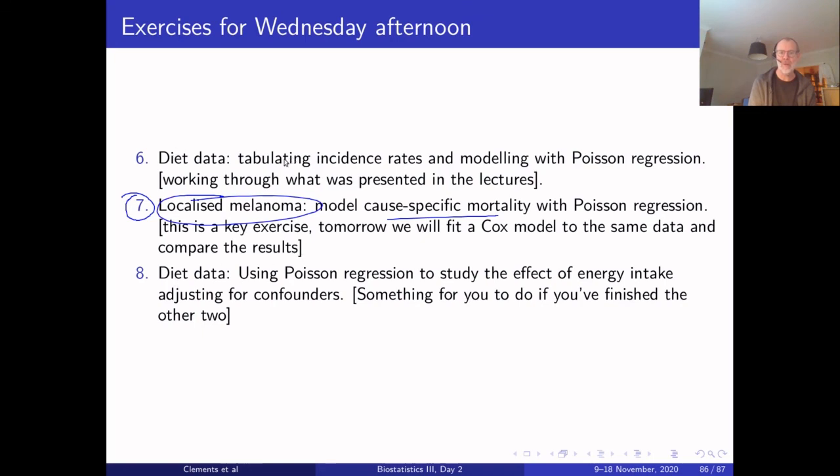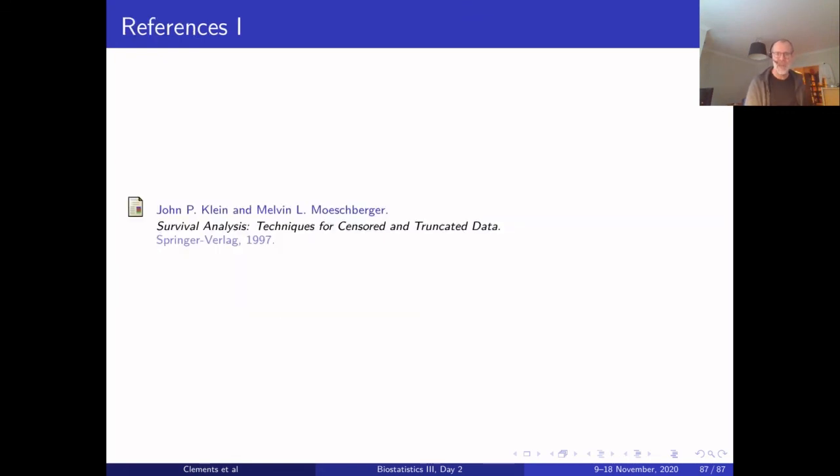And then we can also talk about tabulations, and then if you've got time, looking at Poisson regression to study the effect of energy intake adjusted for confounders. And that's the one reference.